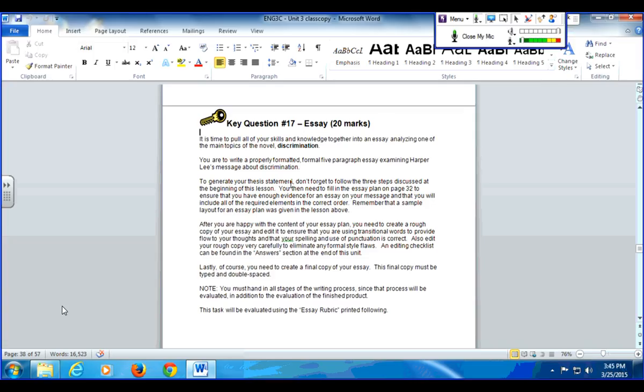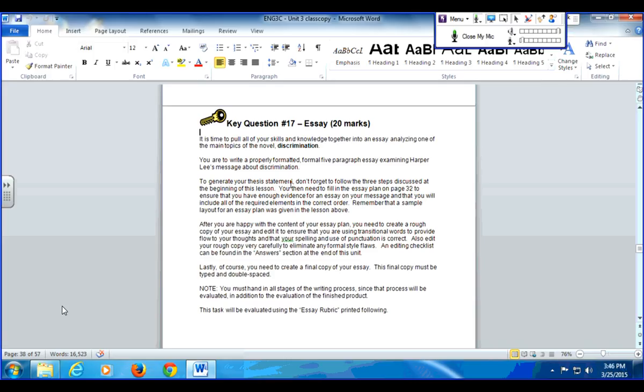If you can't think of it or get something down, you can always rewrite it and redo it when you do your editing. Just because you wrote it down in your rough draft, and this goes for your thesis, your body paragraphs, and your conclusion, doesn't mean that you have to stick with those words or even some of those thoughts when you do your good copy.